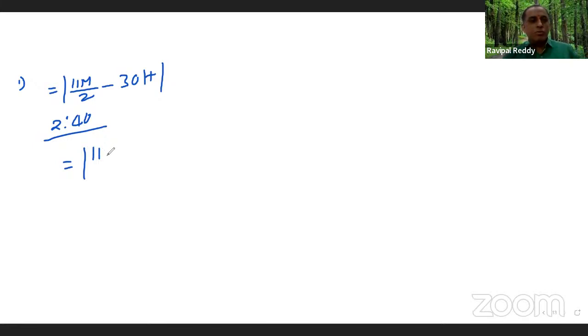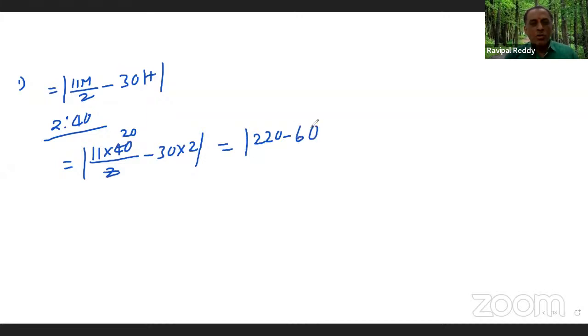So 11 into m value 40 by 2, minus 30 into h value 2. That is 11 into 20, which is 220, minus 30 into 2, which is 60. 220 minus 60 is equal to 160 degrees. So within seconds you will get the answer.